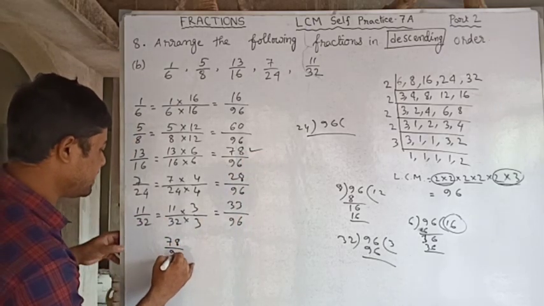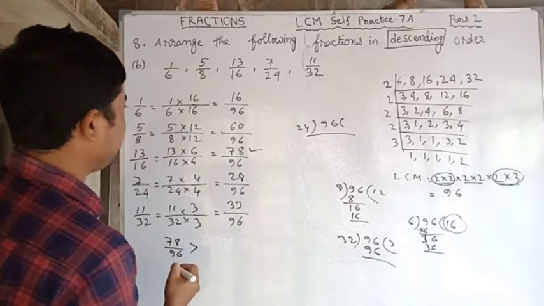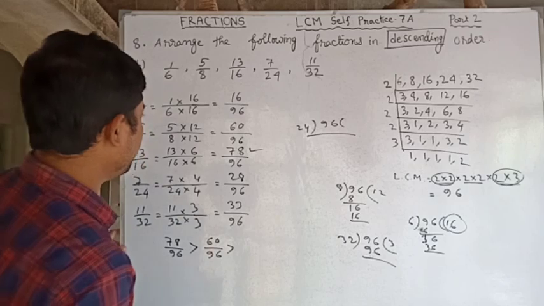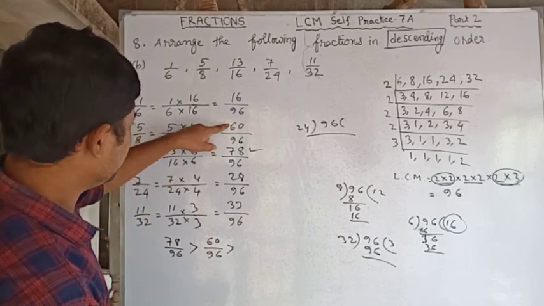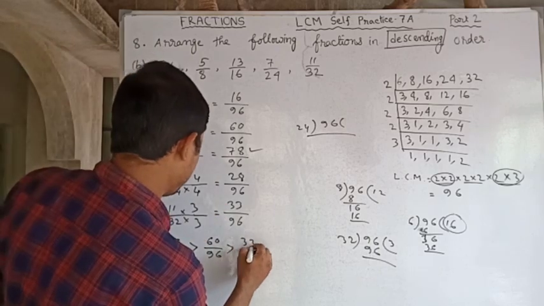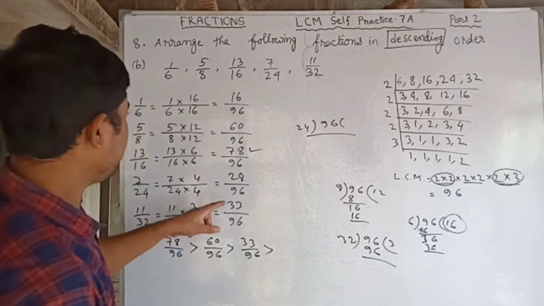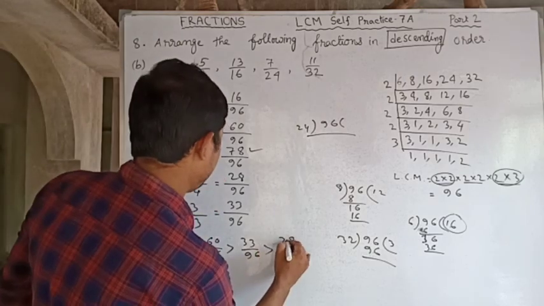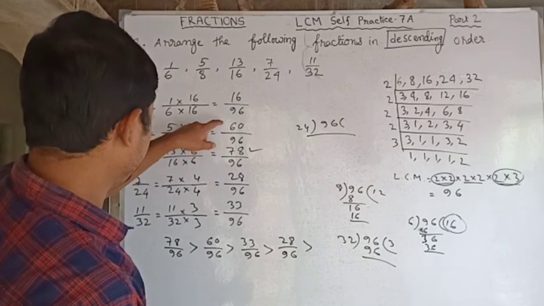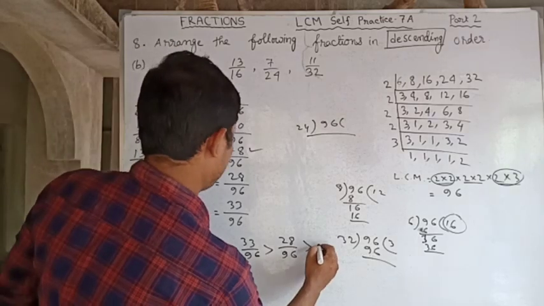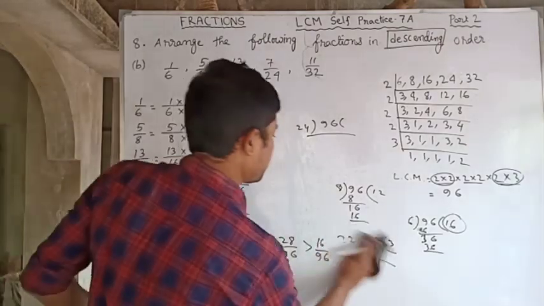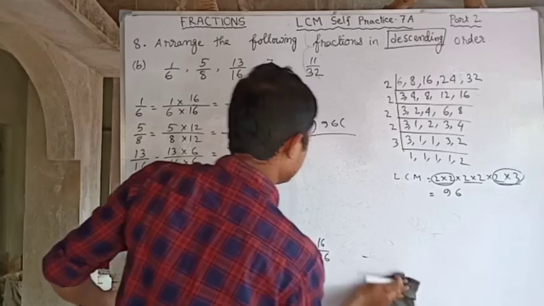So 78 by 96 is greater than 60 by 96, then after 60, 33 by 96, then 28 by 96, after 28 it is 16 by 96. So that's the result.